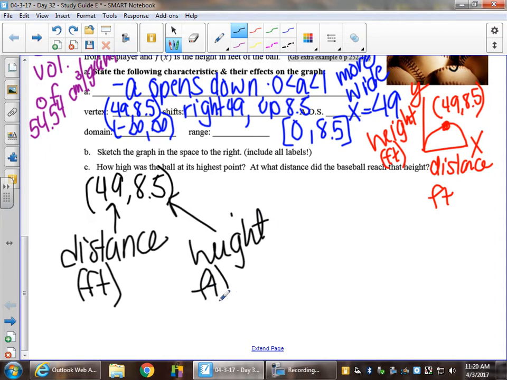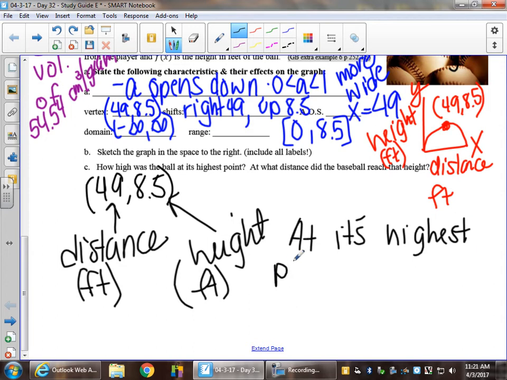Oh, okay. So how can I write a little sentence? At its highest point, the ball was at 8.5 feet high.